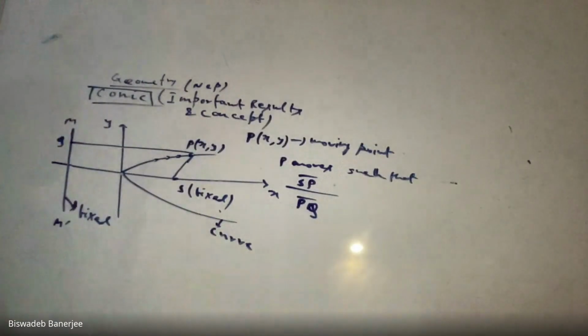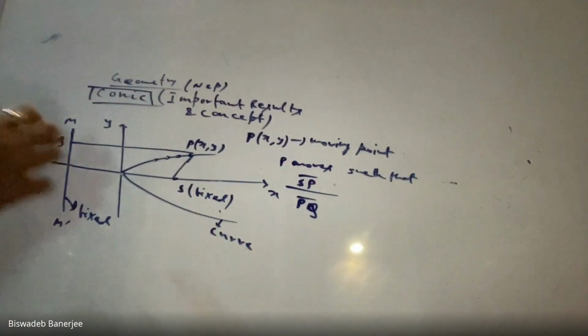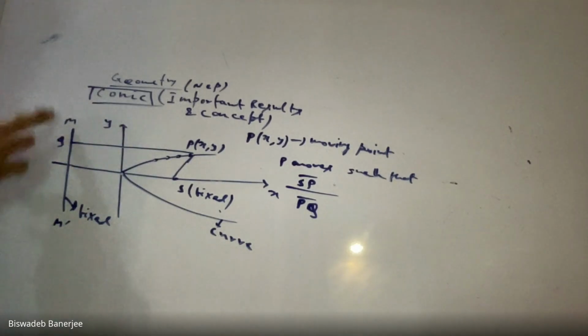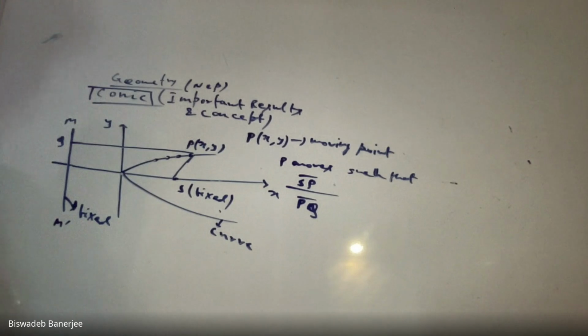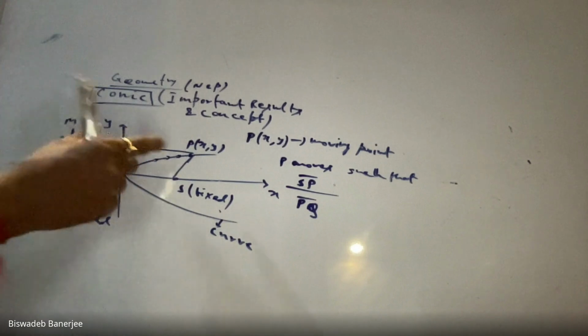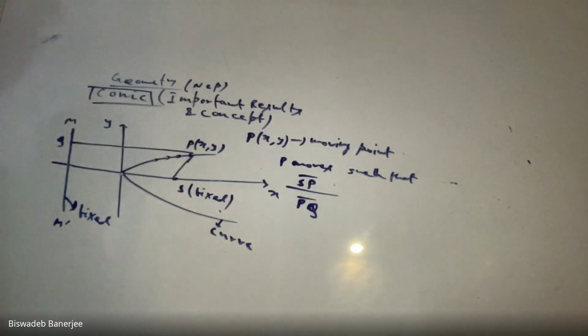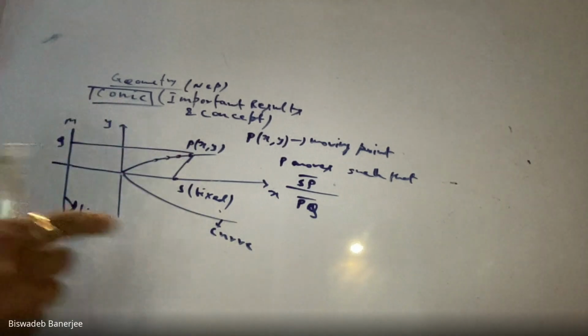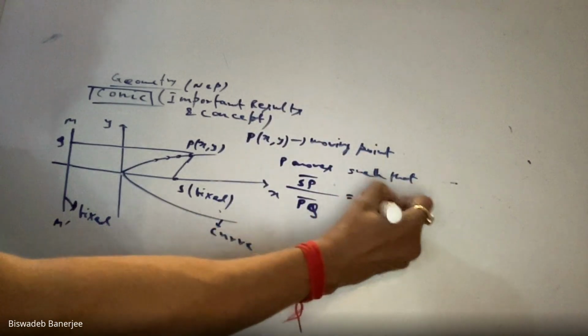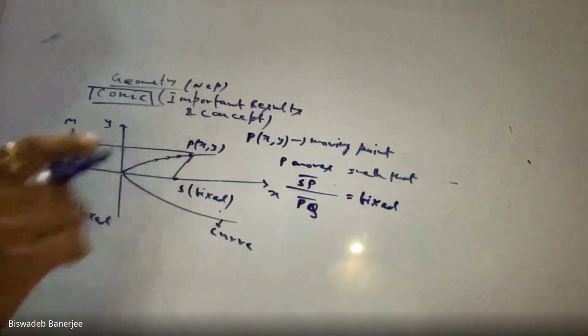and their ratio. We are taking the ratio of the distances SP and PQ. What is Q? Q is a point on this fixed straight line. And this point P moves in such a way that the distance between S and P and the distance between P and Q, this ratio is always fixed.